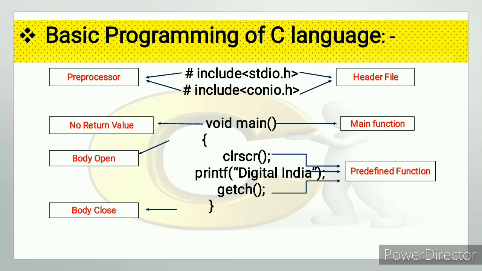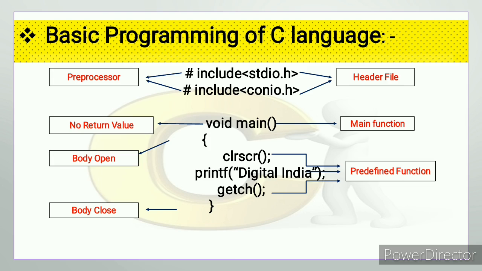Hash include stdio.h, next hash include conio.h, after that void main, then clrscr, printf and getch. Now let us discuss each keyword or statement individually. At first we go through the hash. What is hash?